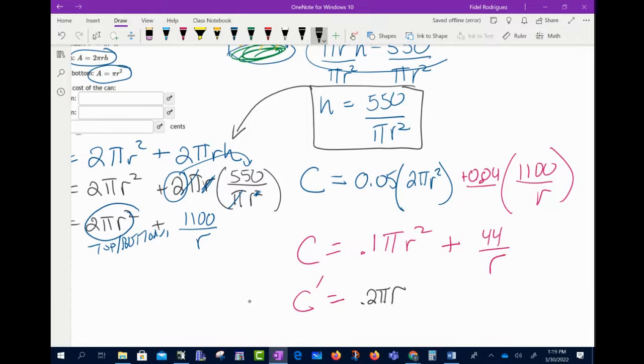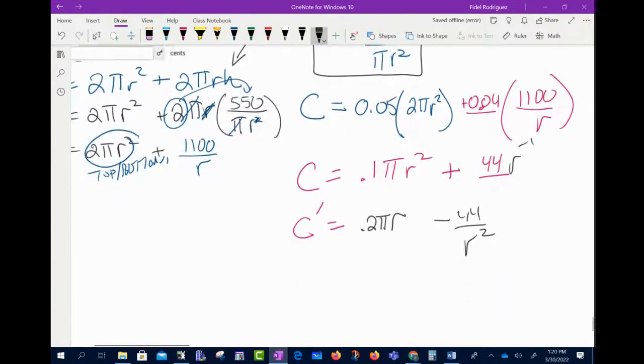Can I think of this 44 over r as 44 r to the negative 1? So do we end up with a negative 44 over r squared? Good. Doesn't this look very similar to the problem we did earlier, in the sense that we have that r to the power 2 on the bottom? We had an x to the power 2 on the bottom in the other one.